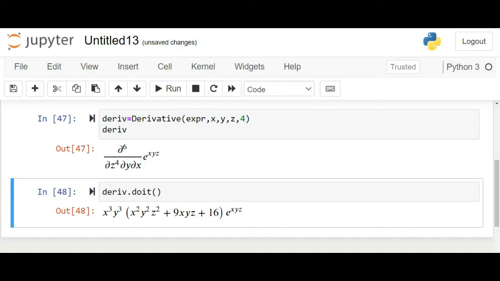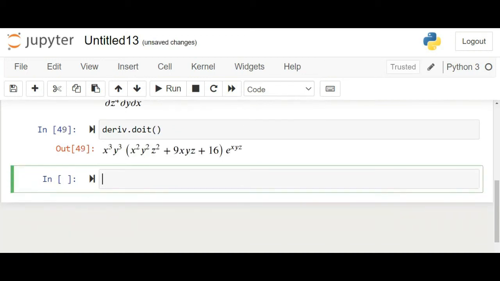And in the same way, if we move a little forward, if I write m comma n comma a comma b, and this is equal to symbols, so I m b symbols, and inside the single quotation mark, we will write m n a and b.